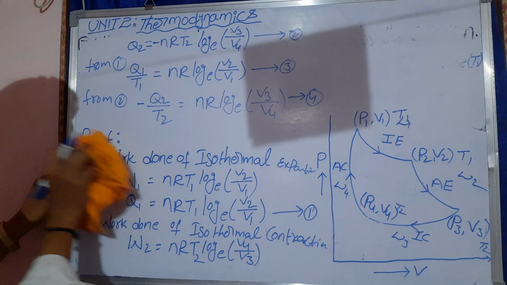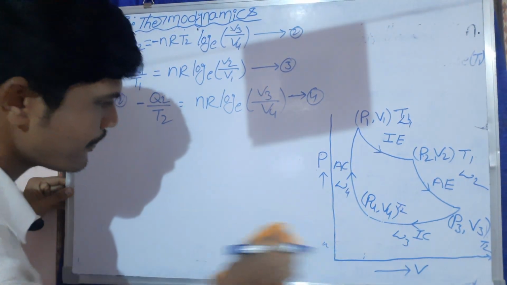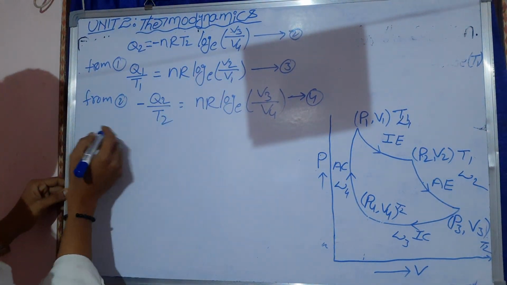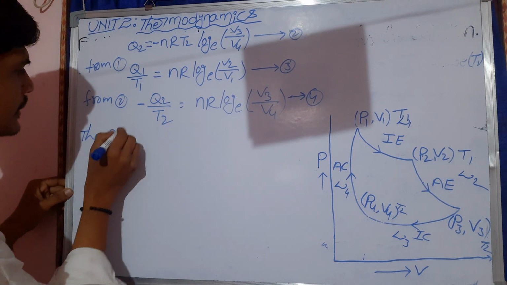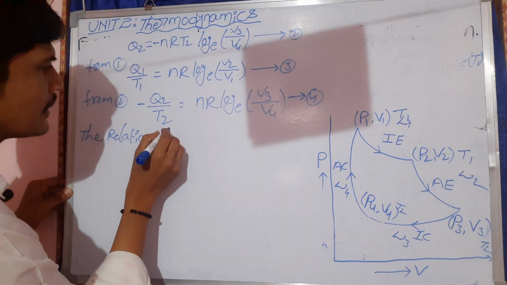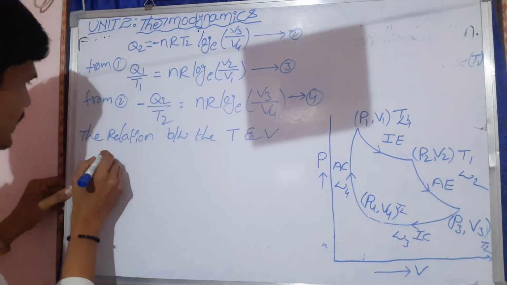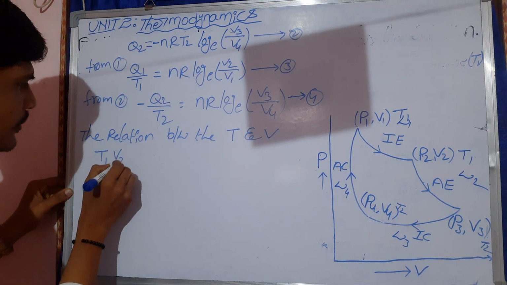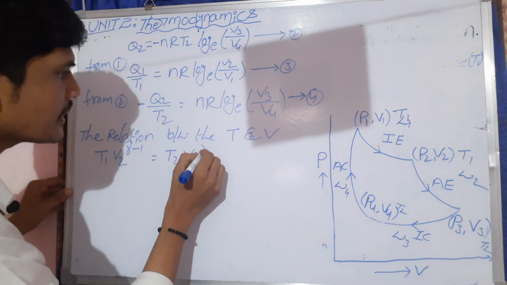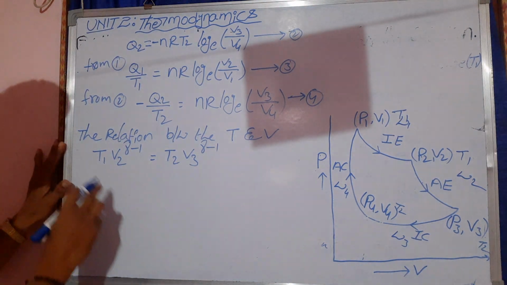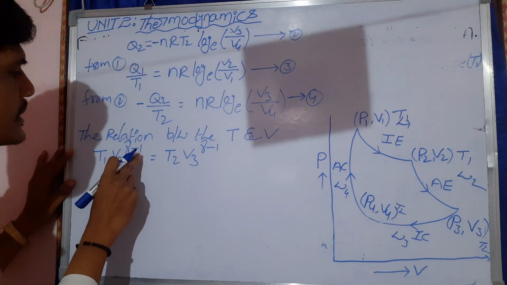Next, the relation between temperature and volume: temperature T1 and volume V2 to the power gamma minus 1, temperature T2 and volume V3 to the power gamma minus 1.